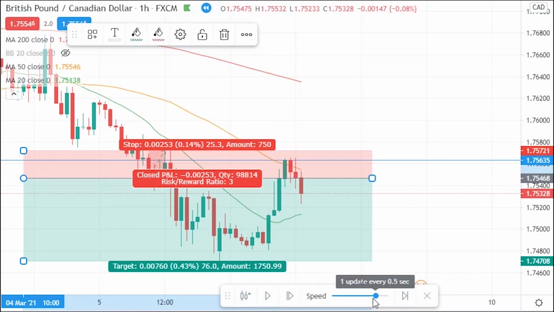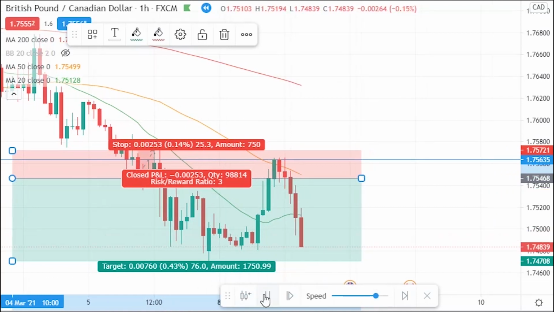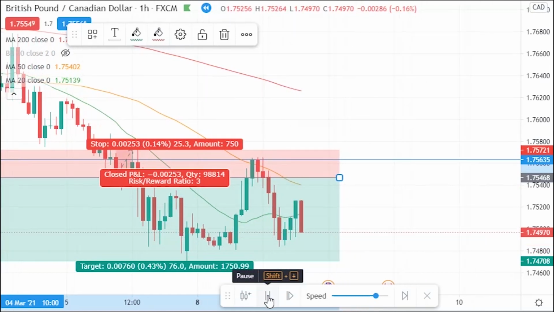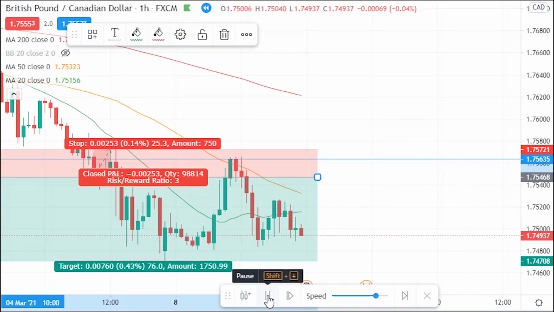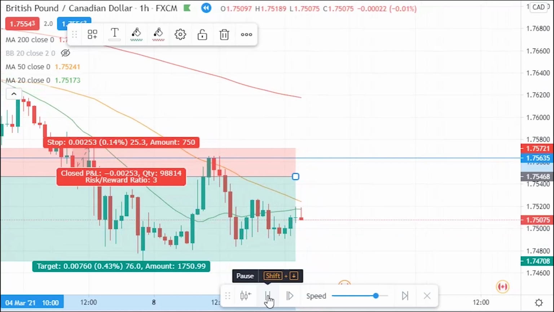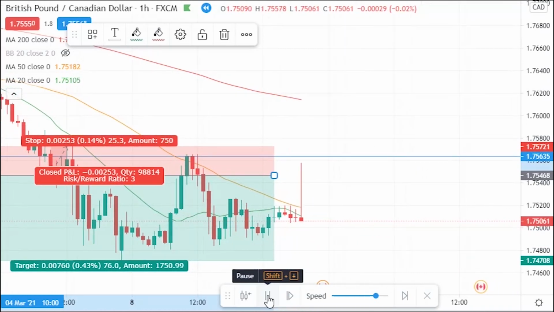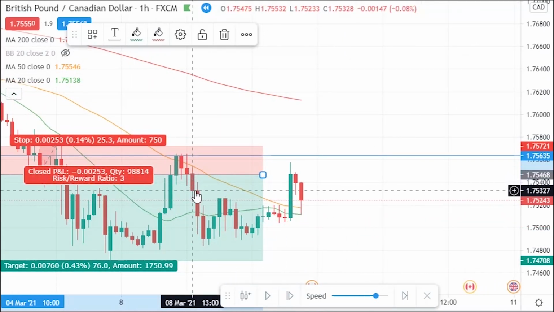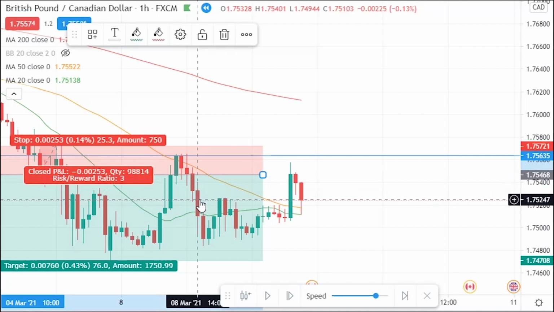So I'm going to speed it up a little bit. I think we got TP1 and then stopped on this one. And yeah, we would have taken TP1 around 1.752, where we take half off the table, take half of our profit, and we'll talk about all the stops and limits here in a moment.